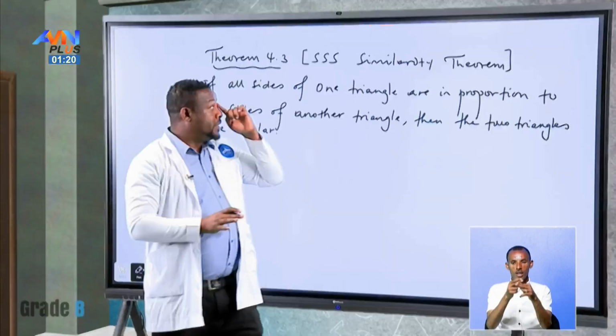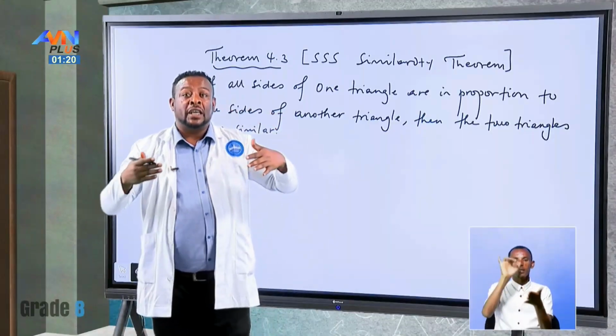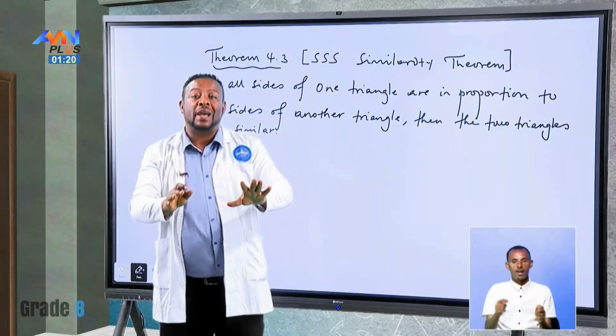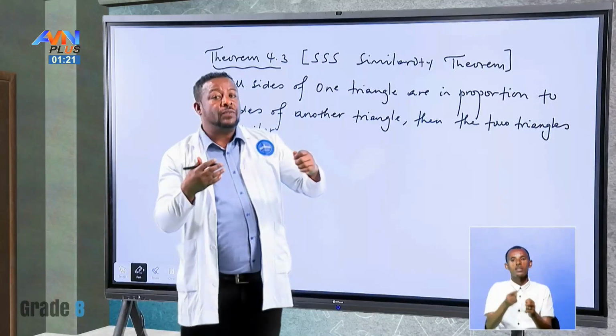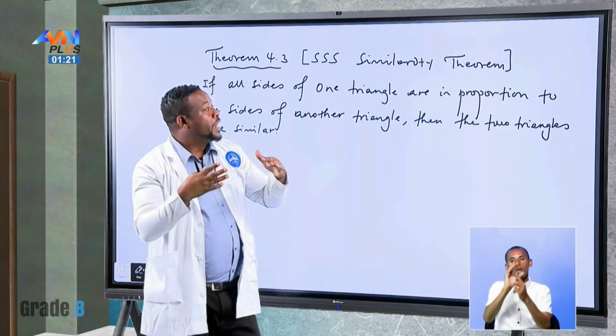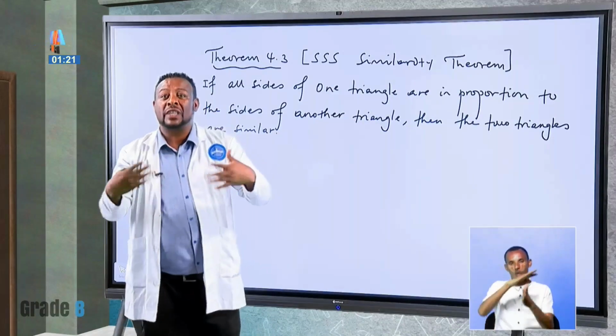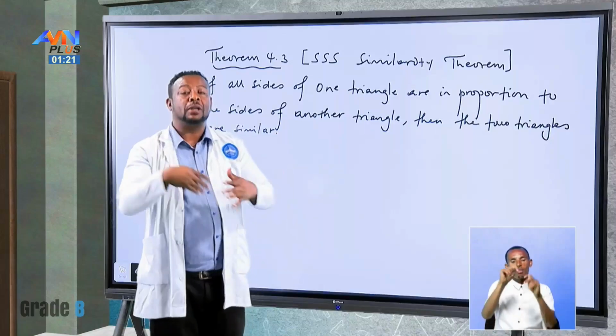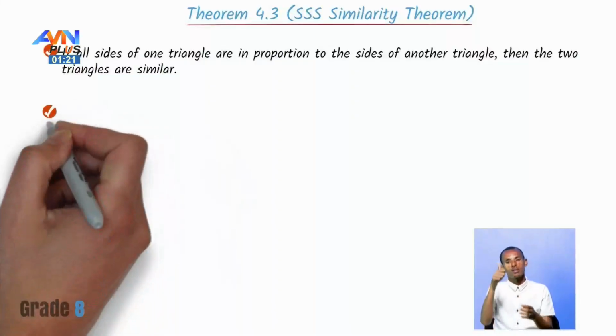Shortly, this theorem is saying that any two triangles are similar if this condition is satisfied.